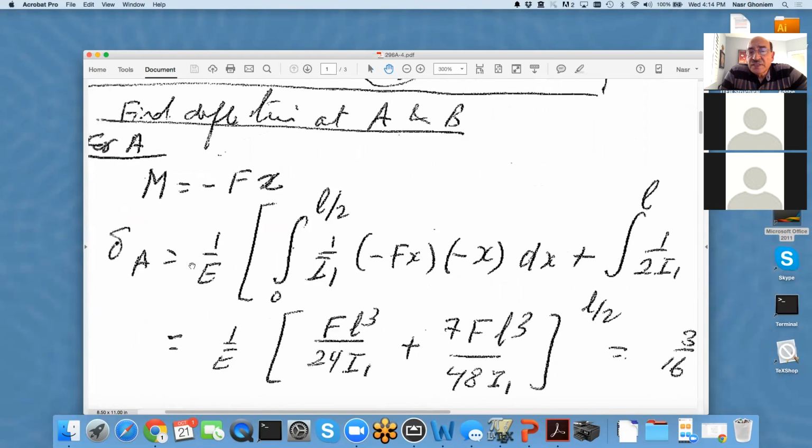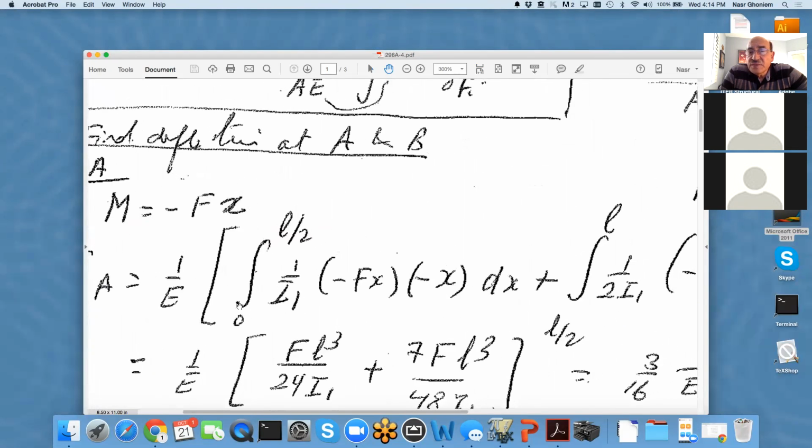So the deflection here, delta A, is 1 over E. And then I have I1 inside, because from 0 up to the point B, which is L over 2, the second moment of area is I1. So I keep it inside the integral because it's a property of that region in space. So I have two terms.